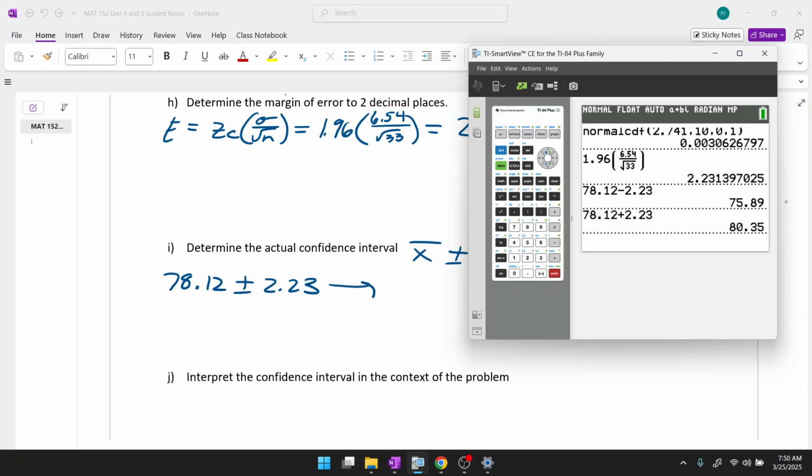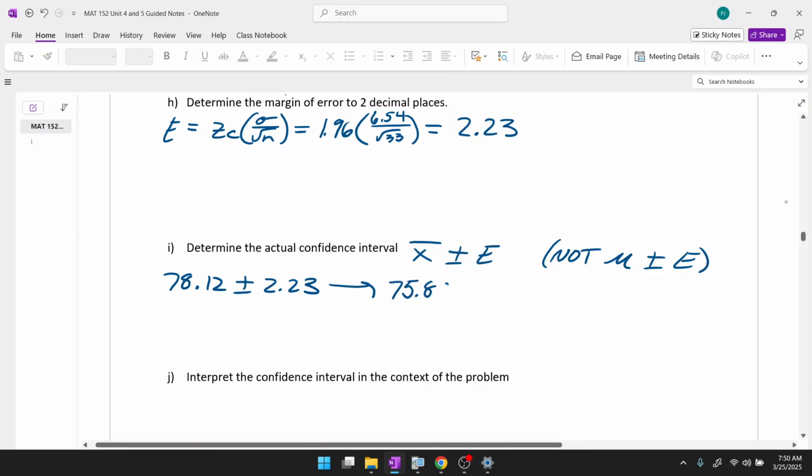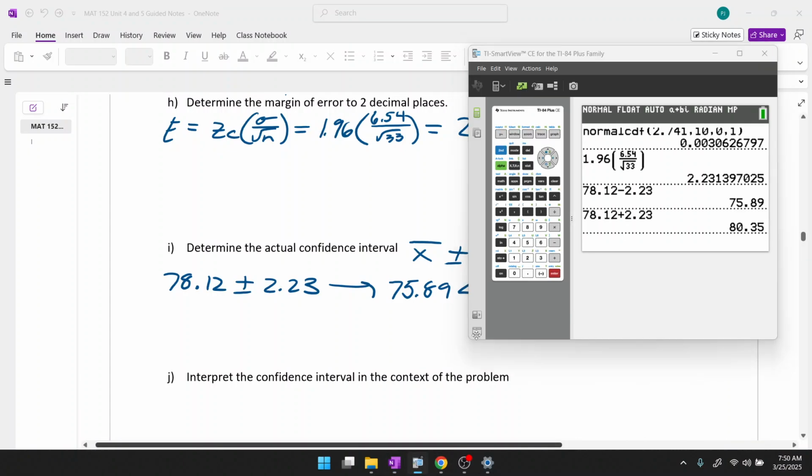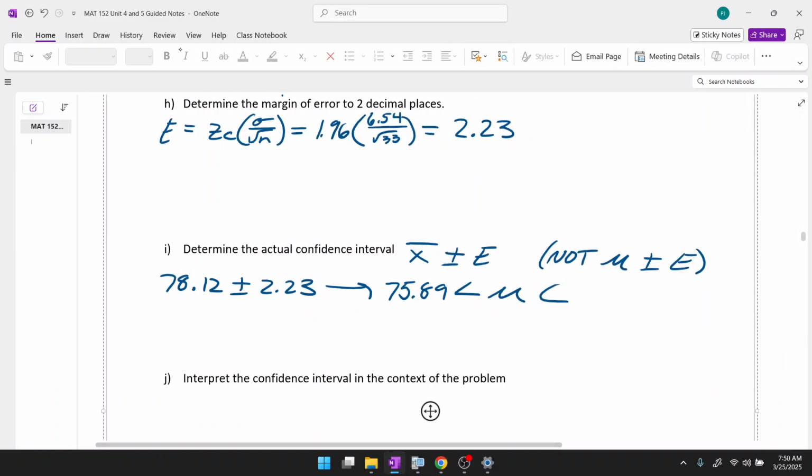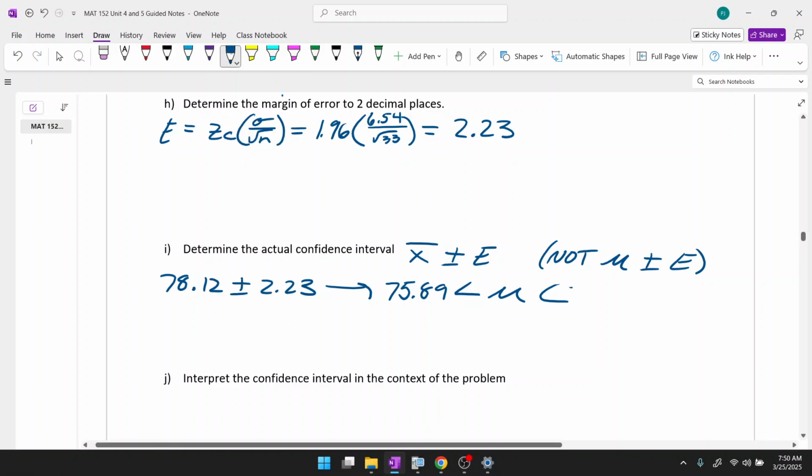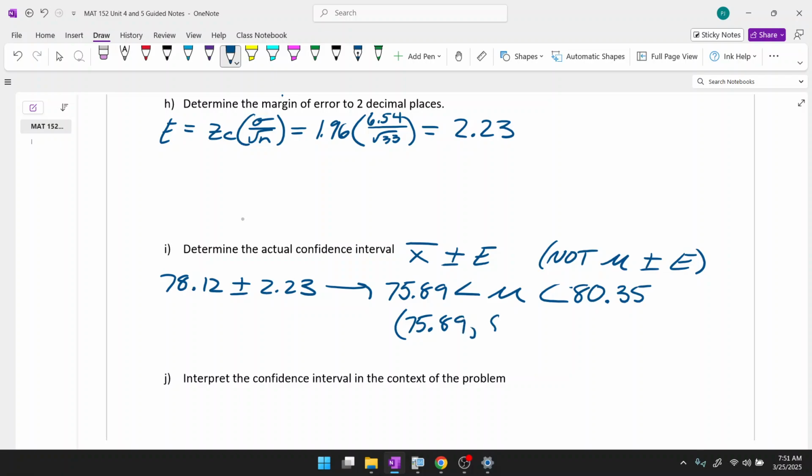So you're going to go between 75.89 to 80.35. So that is going to be your confidence interval. It can also be written as an interval, but I prefer it written in this format, with a less than symbol, kind of a cruddy looking less than symbol here.